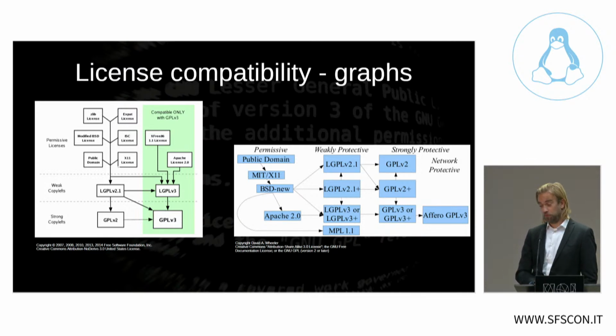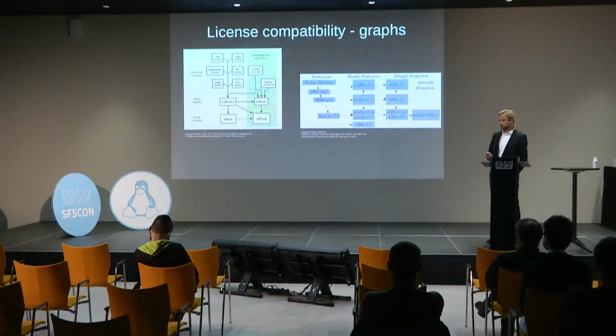I tried and failed, as you know, Carlo. I tried to write a compatibility graph myself. I'll show you why that was tough. There are some existing ones for some of the licenses. They are good, very useful, but it doesn't scale.